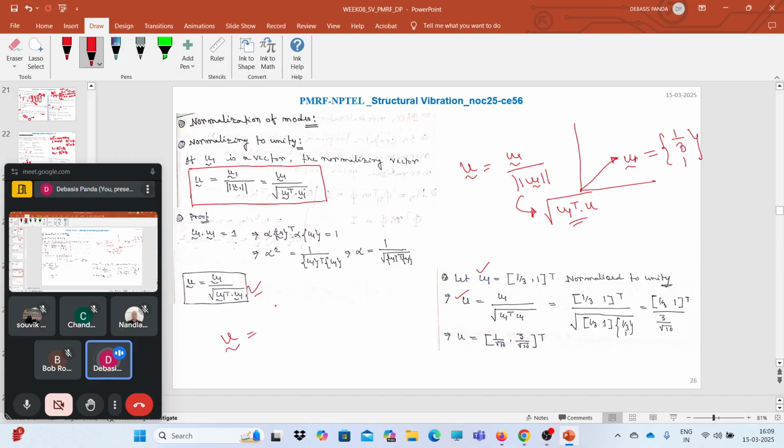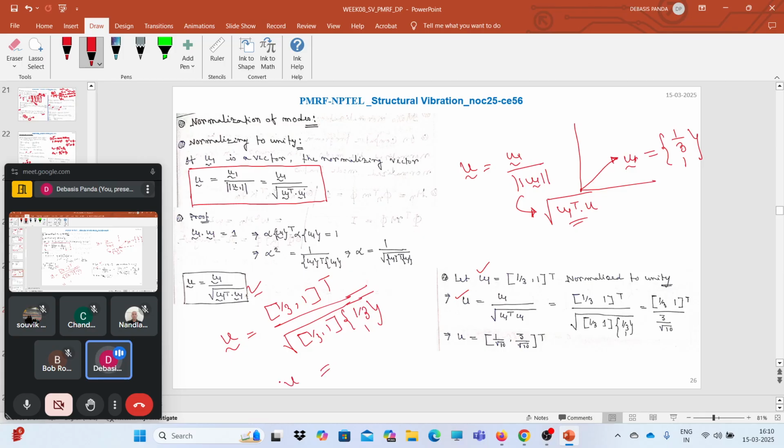So u vector is nothing but 1 by 3 1 transpose divided by the Euclidean norm of this, that means under root of, you just need to do the calculation, 1 by 3 1. Either you can use the calculator, or these are like 2 cross 1 and 2 cross 2 matrix maximum, so you can solve it by hand also.